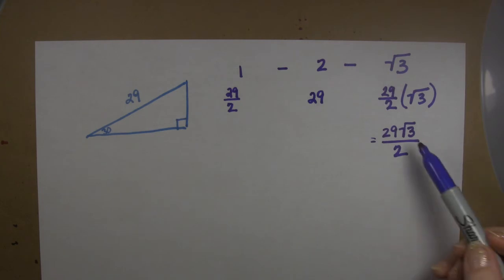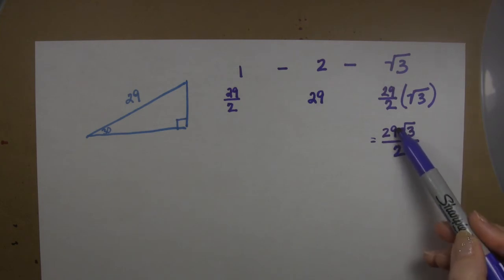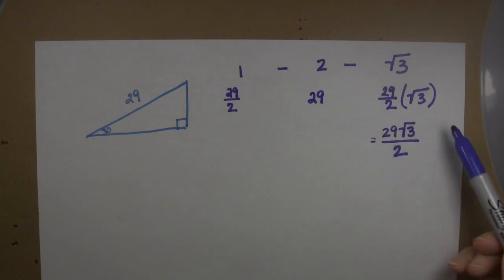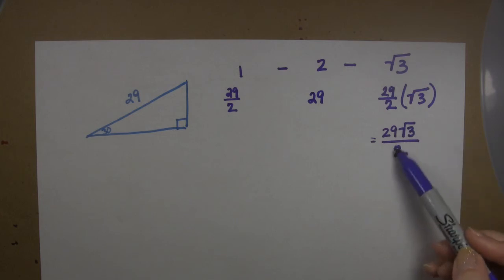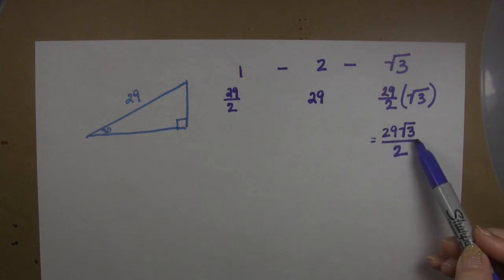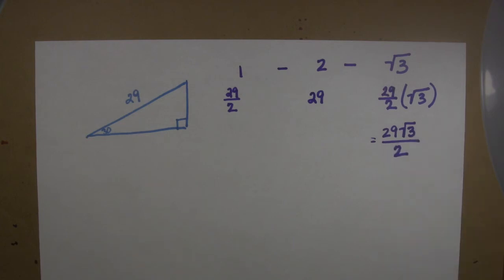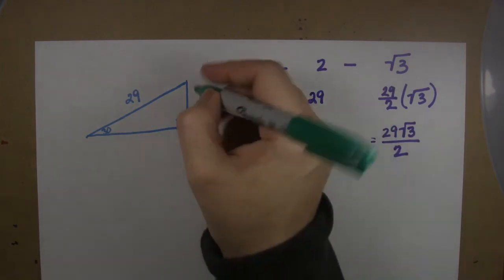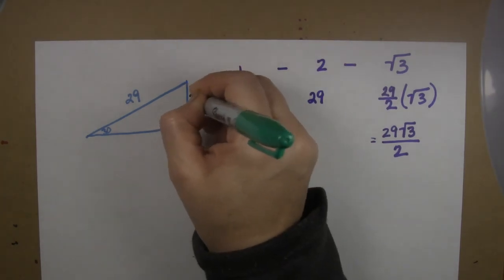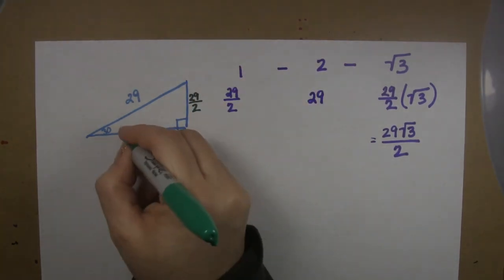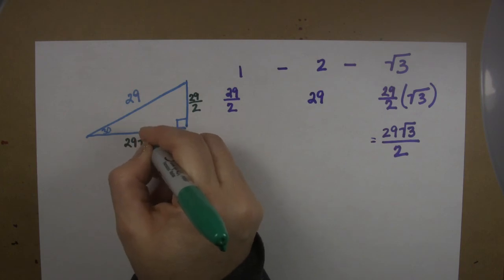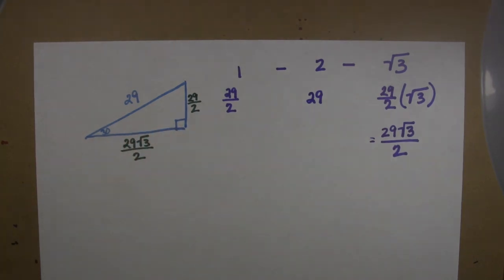I would get 14.5 root 3. But I don't really like decimals and radical signs in the same number. So I'm just going to leave it like that. So this is 29 over 2. And this is 29 root 3 over 2.